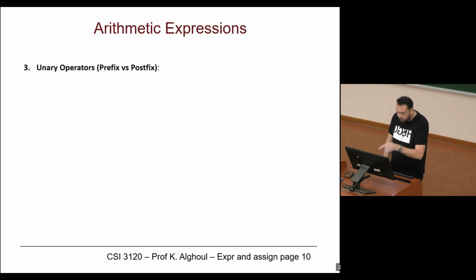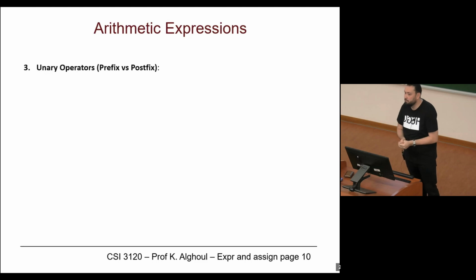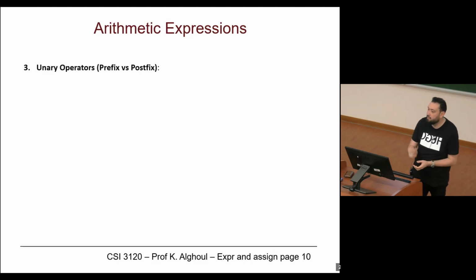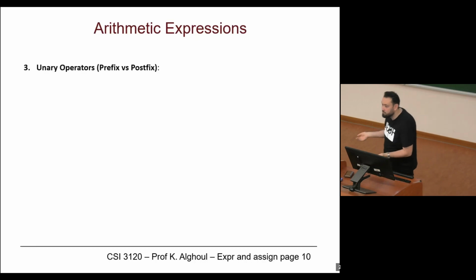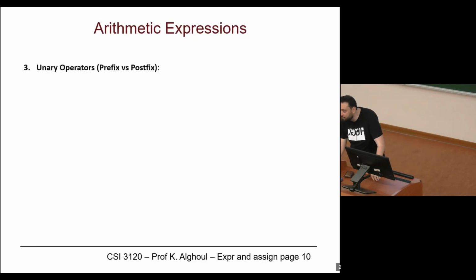Unary operators are where we sometimes use prefix and postfix. So what are unary operators? They're like the minus, like minus A, like -5. So it needs only one operand. What other than the minus, like a negative number, can be a unary operator that needs only one operand, not two, that we always use, especially in loops, for example?